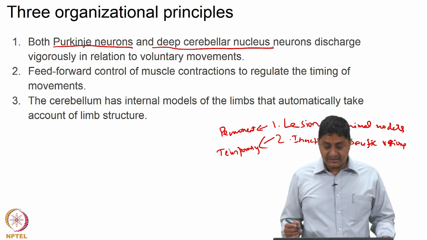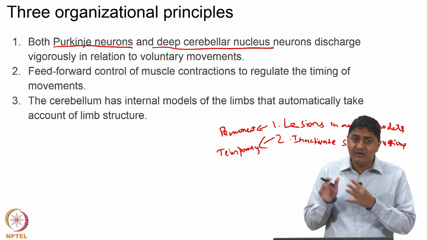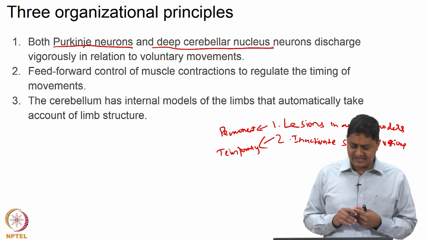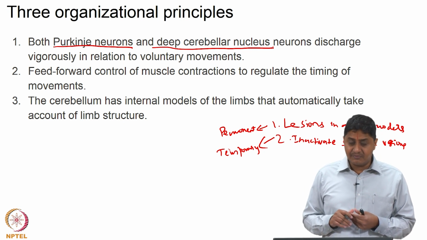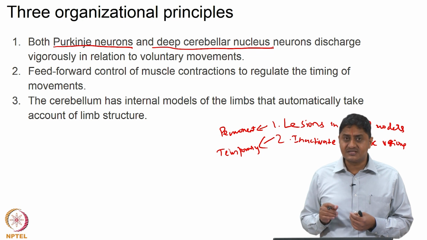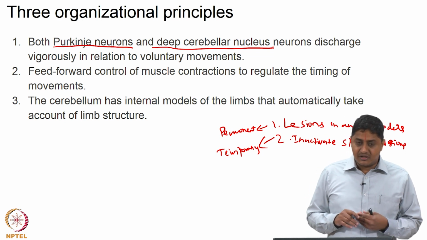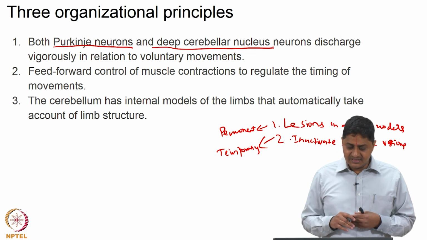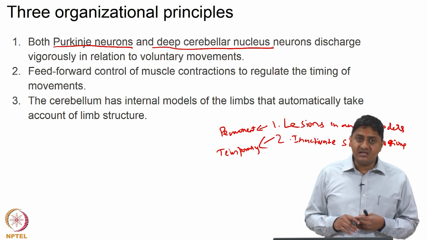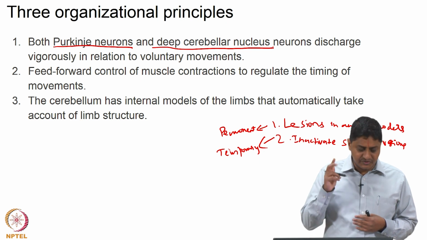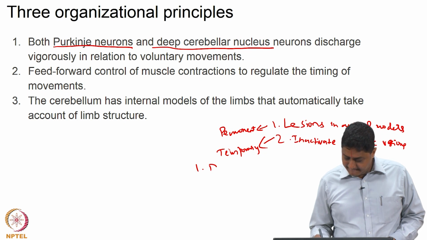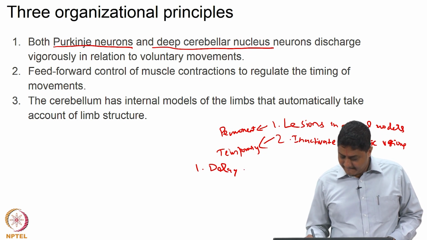It turns out that when voluntary movements are happening, or just before voluntary movements are happening, Purkinje neurons and deep cerebellar nuclei neurons produce activity that resembles the activity in the motor cortex in at least two different ways. First is that the delay is similar to motor cortex.